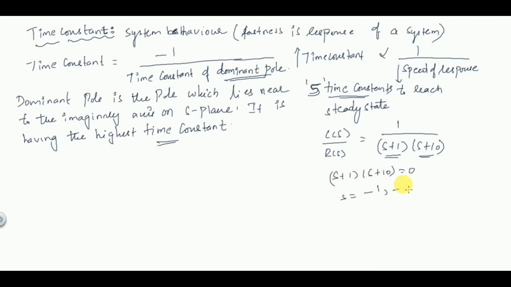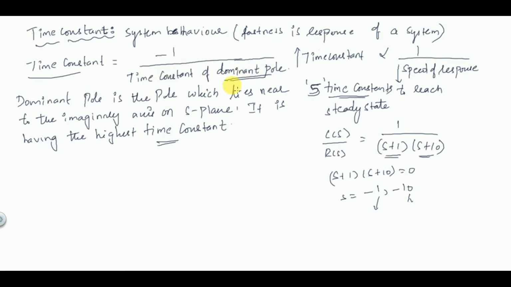Now you have two values for poles. Which pole do you have to consider in order to determine the time constant of the system? That is why we said not just pole but dominant pole. The time constant is equal to -1 by the pole value of the dominant pole.